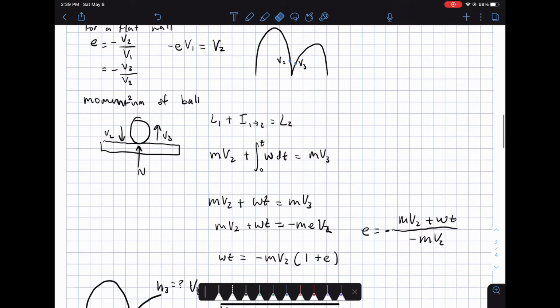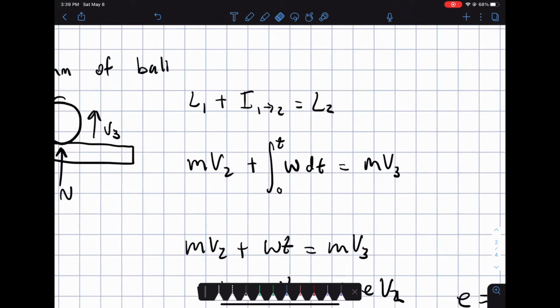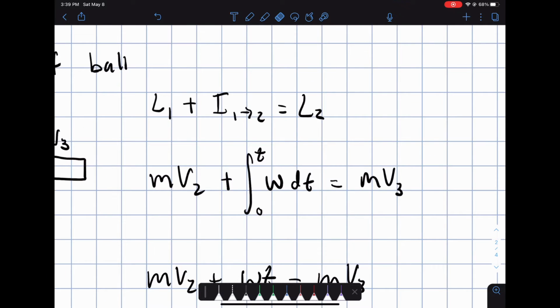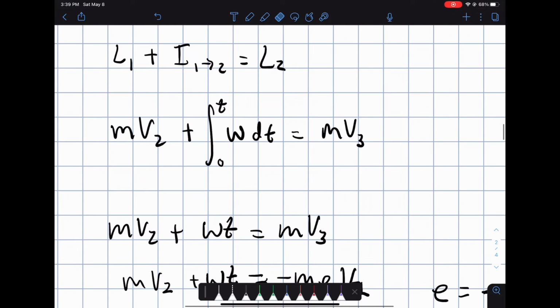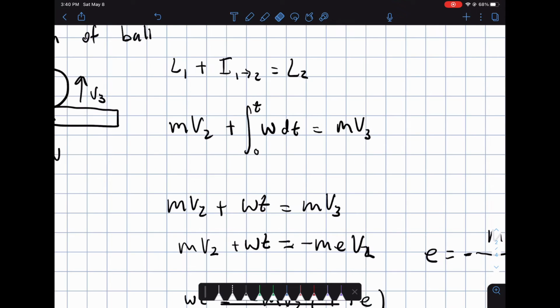And with this knowledge, we could look at the momentum of the ball and use the momentum equations. And we see that it turned into mv2 plus the integral from 0 to the time of the collision, weight dt equals mv3.